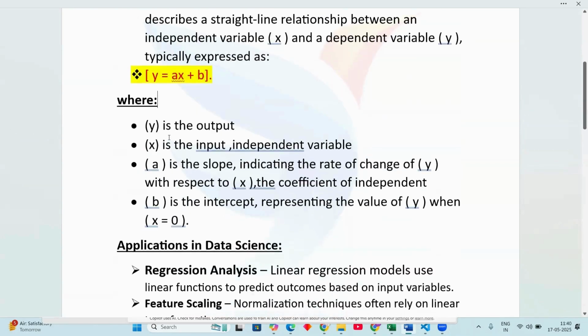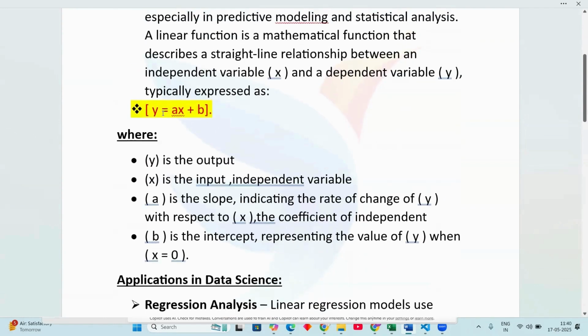Defining the formula, y is the output of the equation, and x is the input, the independent variable which we are giving. And a is the slope, indicating the rate of change of y with respect to x.